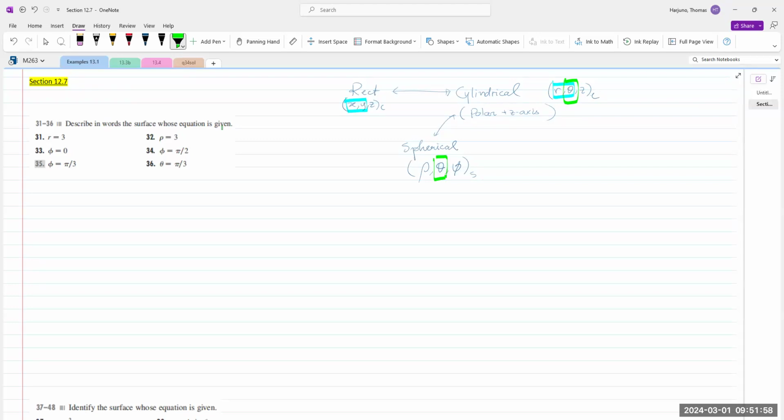Now I assume you have already seen my actual lecture on how to convert this, and basically you should be able to convert from any one of the coordinate systems to the other ones.